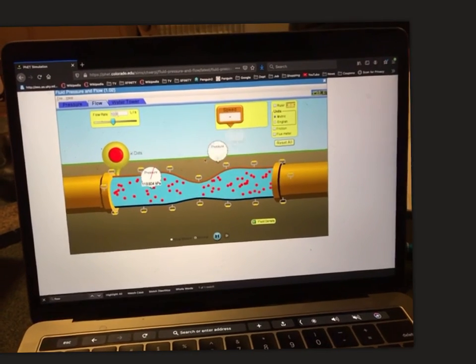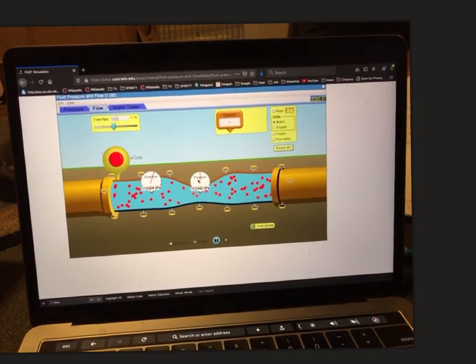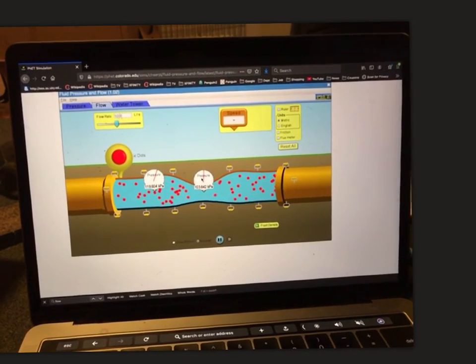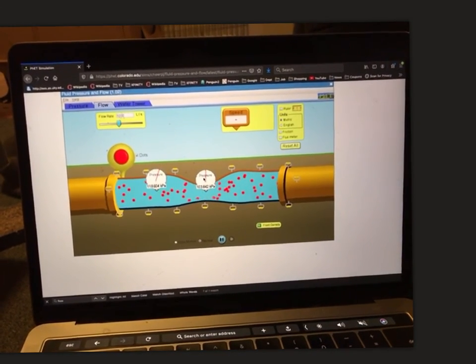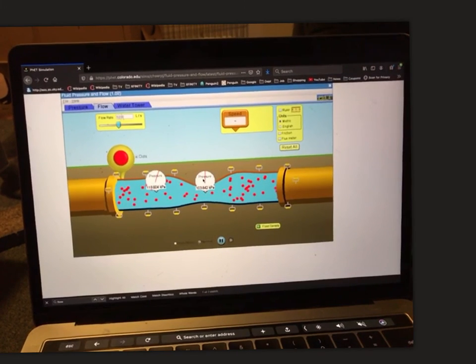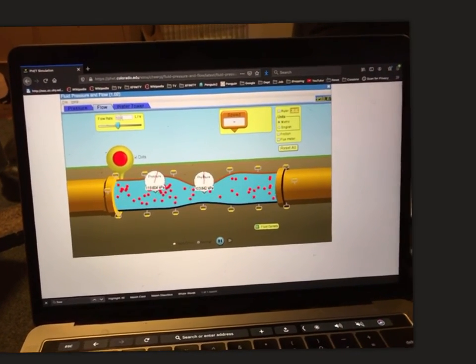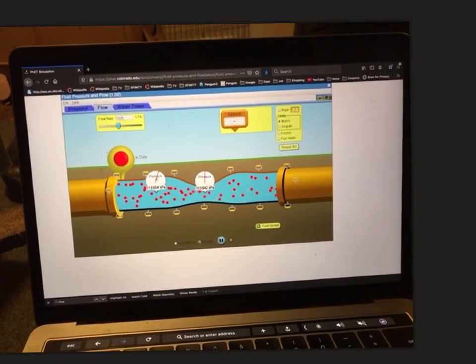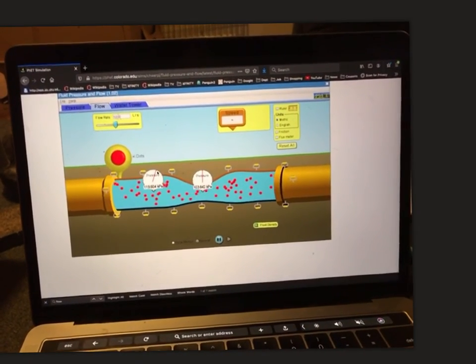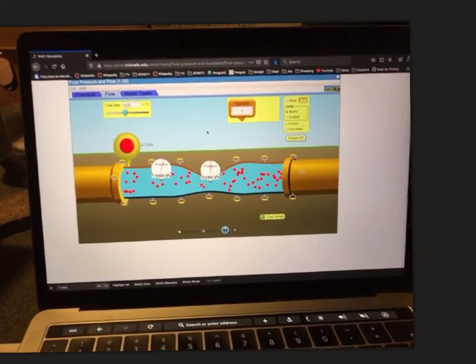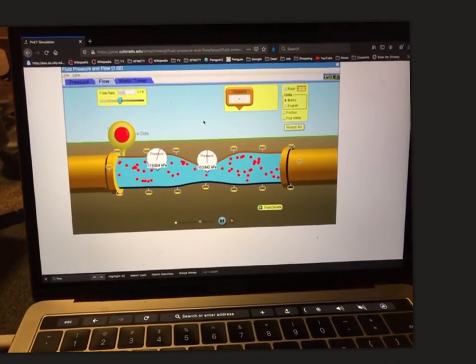But when I put it in the center here, it's down to about 103, almost 104 kilopascals. So you can see as velocity increases, that pressure decreases. You can see this one's almost straight up. This is actually a little bit further over on the dial. So as velocity increases, pressure decreases. It's actually inversely proportional rather than being proportional.